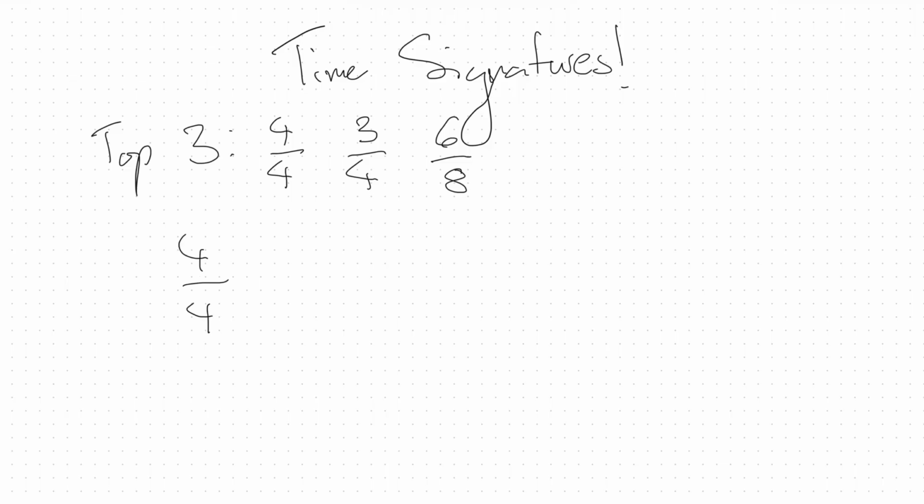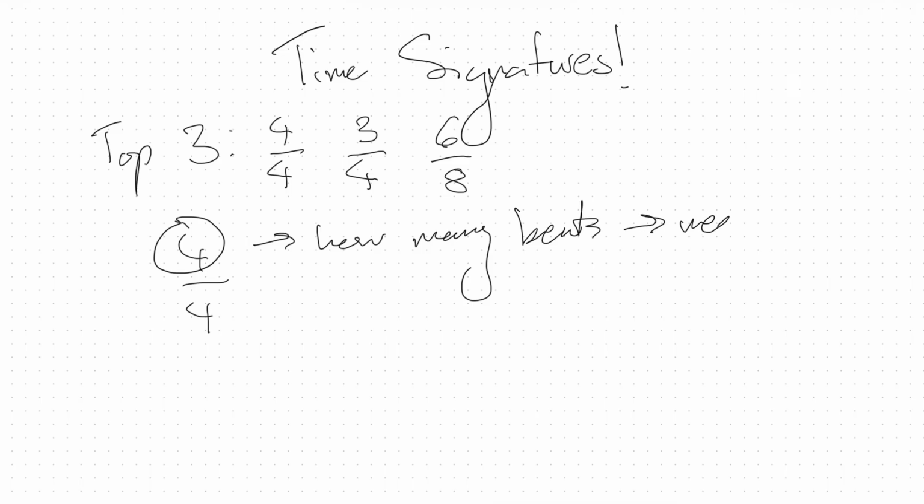So here for the 4/4 time signature, this top number tells us how many beats are in a measure. So it being 4 tells us that we have 4 beats per measure. Here, it's also another 4.